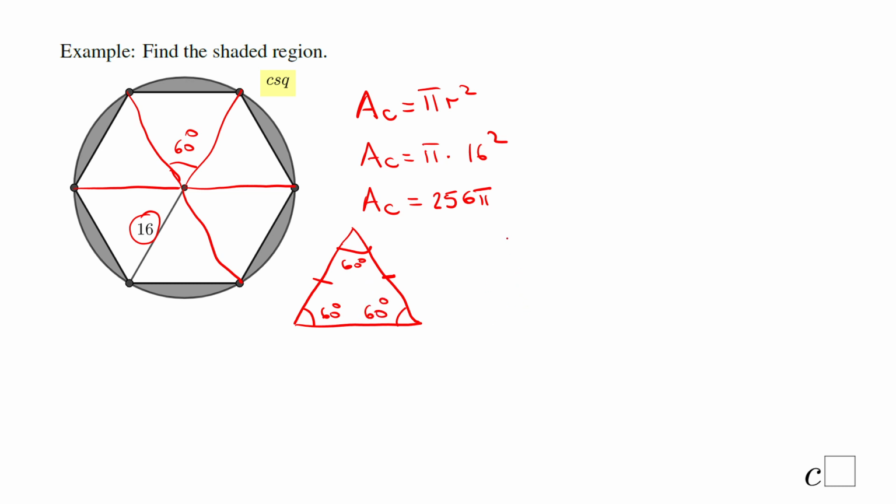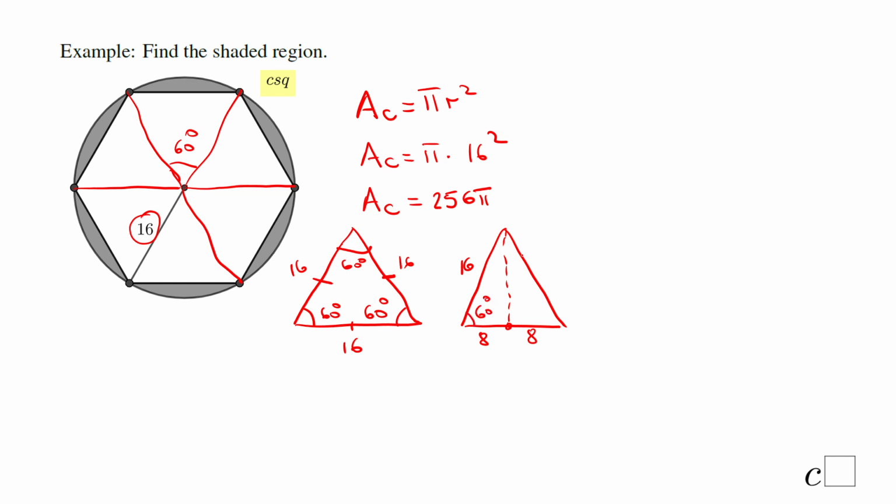It's even better, I guess, because now what can we do to find the area of that triangle? Remember, this is 16. If this is the height of one of the triangles, it's going to go in the middle. This is going to be 8 and 8 because remember this is an equilateral triangle. This is 16, 16. Obviously this is going to be 16, and this is 60 degrees.